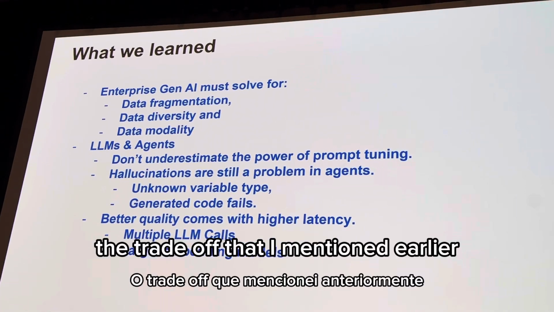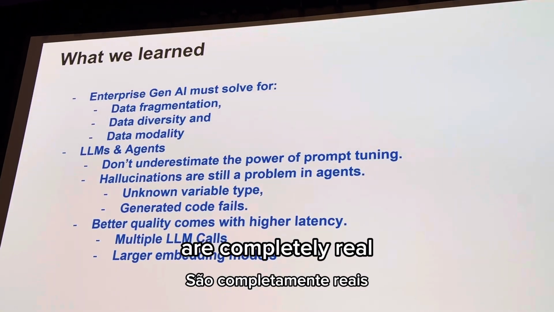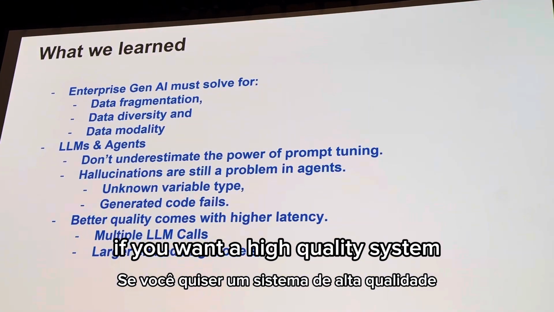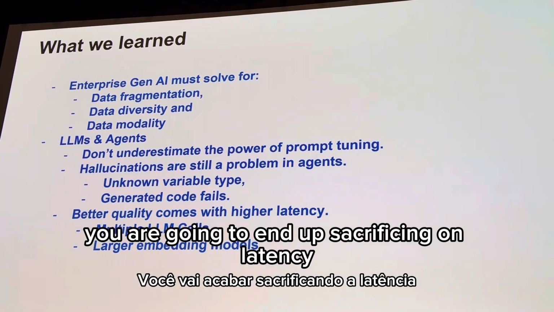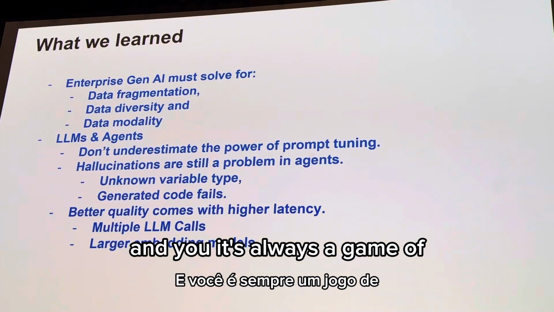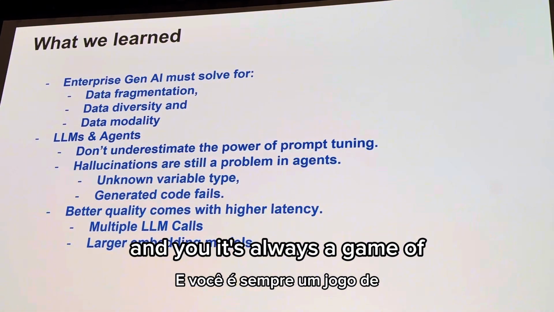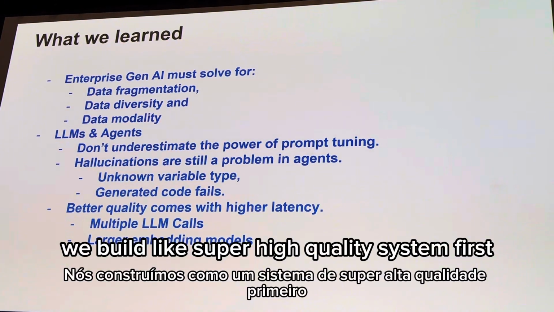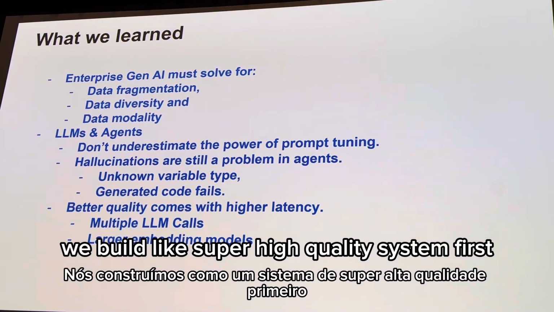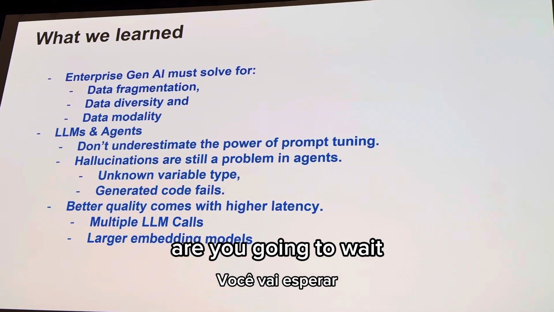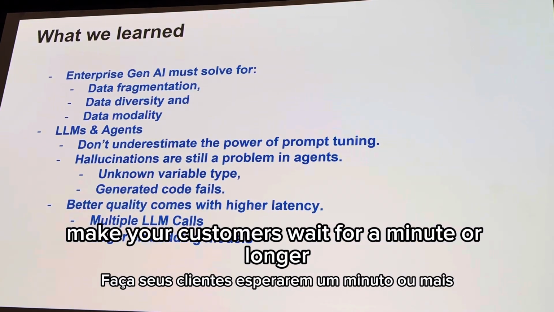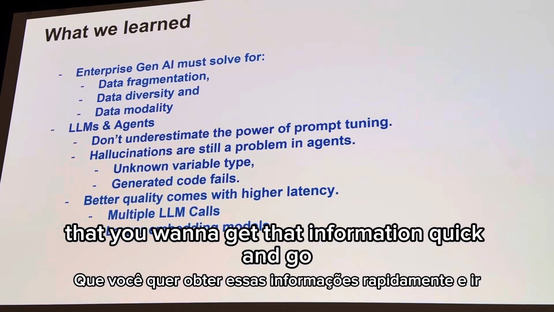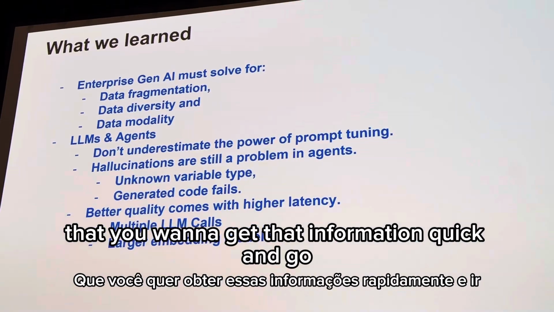And the trade-offs that I mentioned earlier are completely real. If you want a high-quality system, you are going to end up sacrificing on latency, and it's always a game of cat and mouse. You have to keep balancing. If we built a super high quality system first, are you going to make your customers wait for a minute or longer? Probably not. They don't have that kind of patience. You want to get your information quick and go.